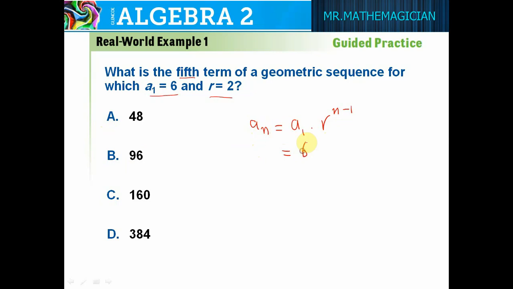So a1, which is 6, times r, which is 2, to the n minus 1, 5 minus 1. This will be 6 times 2 to the power of 4. This will be 6 multiplied by 16, and the answer will be B, 96.